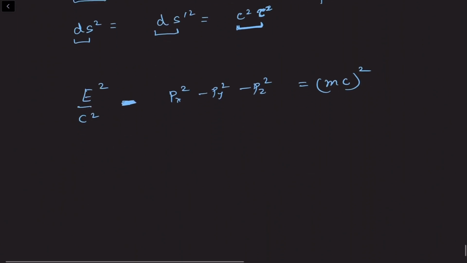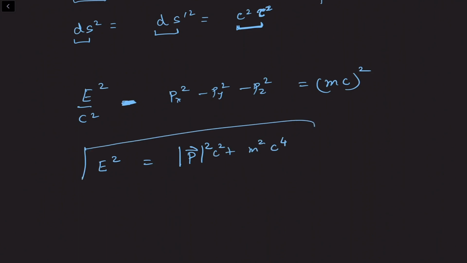So if we simplify this equation, we can write this as E squared is the vector p squared times c squared plus m squared c to the 4, where the vector p is the components of this generalized 4-momentum.